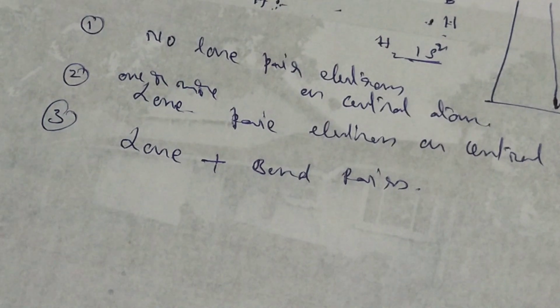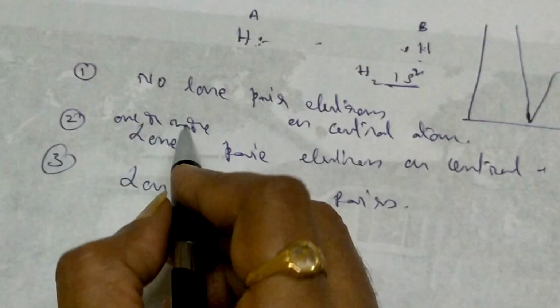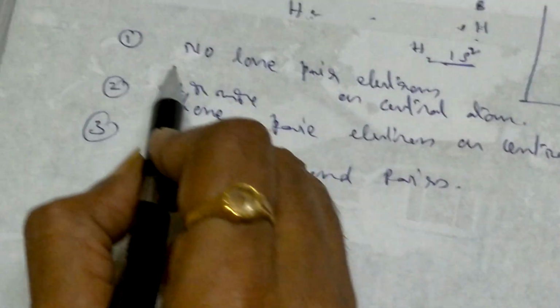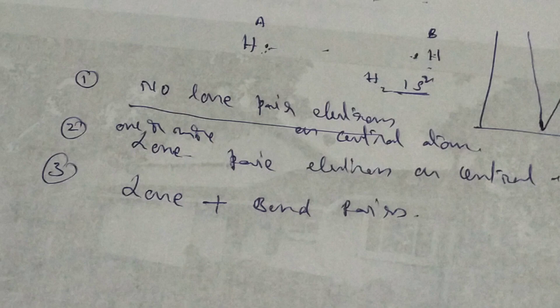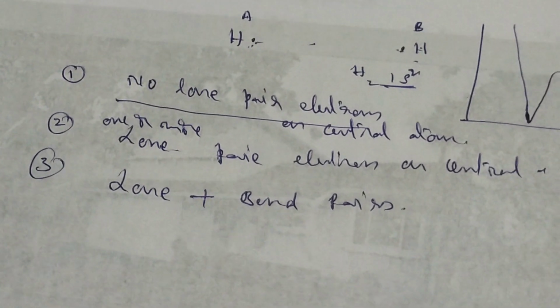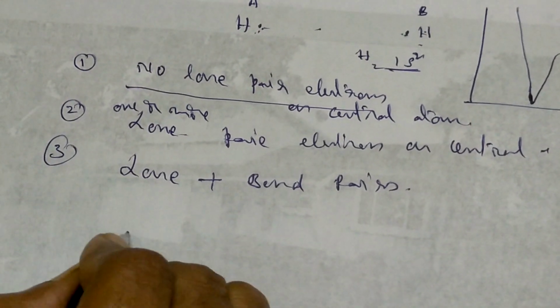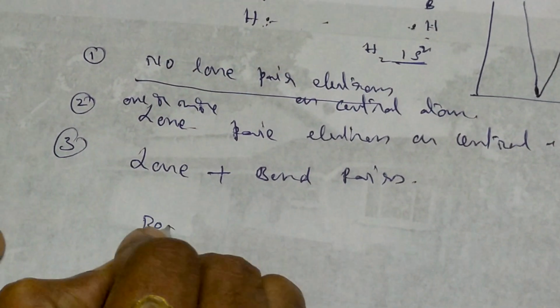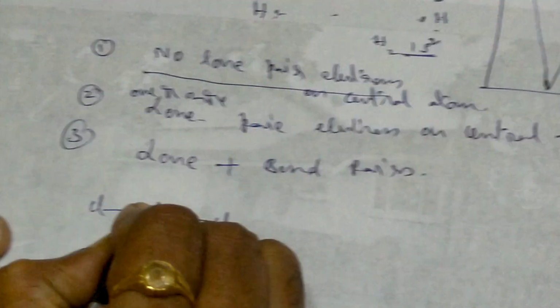Lewis theory and valence shell electron pair repulsion theory hold good for no lone pair electrons on the central atom, but for the other two they deviate. Why? First we will see the no lone pair case. Suppose beryllium chloride: one chlorine on this side, another chlorine on the other side. It is a linear molecule because there is no lone pair.